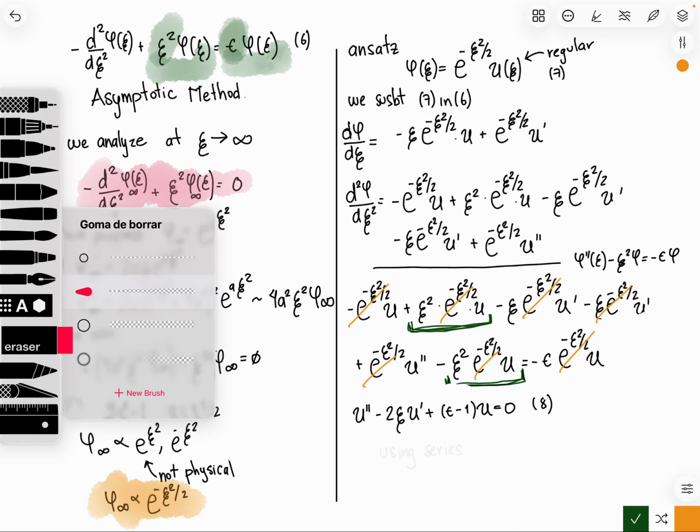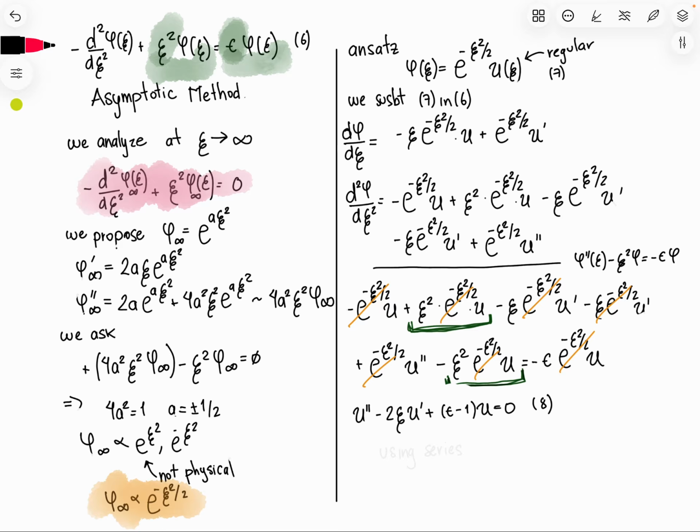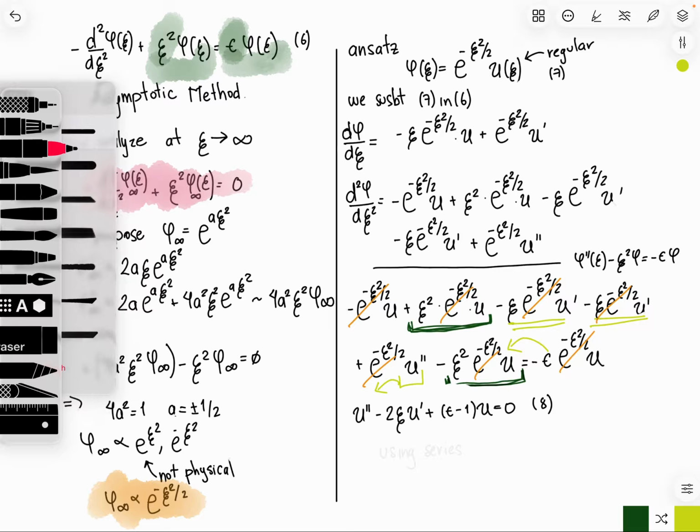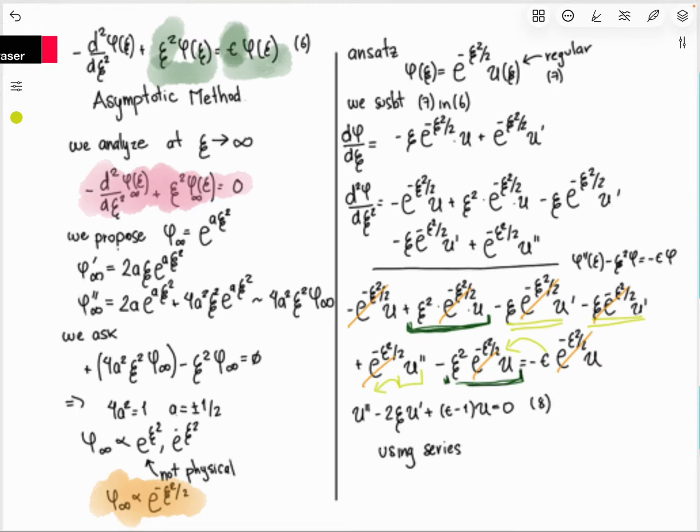You can see that this is true by, for example, you have this term that goes here, and these linear terms, they sum, and you have a 2 there, and I just move this to the left, and we get this expression, equation number 8. We need to solve equation number 8 now in order to find the expression for u. We'll do that in the next slide.